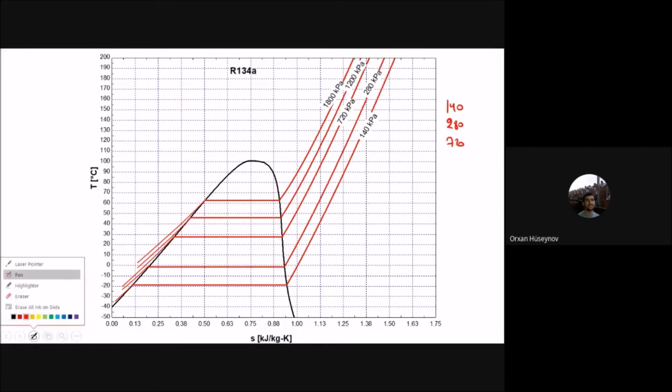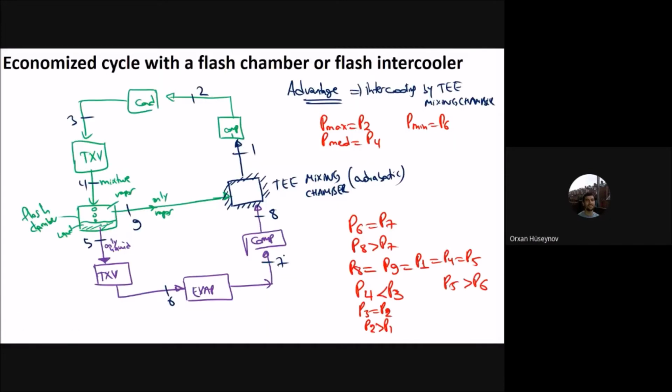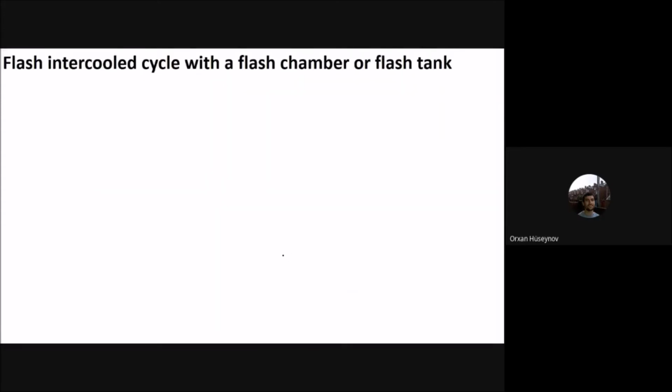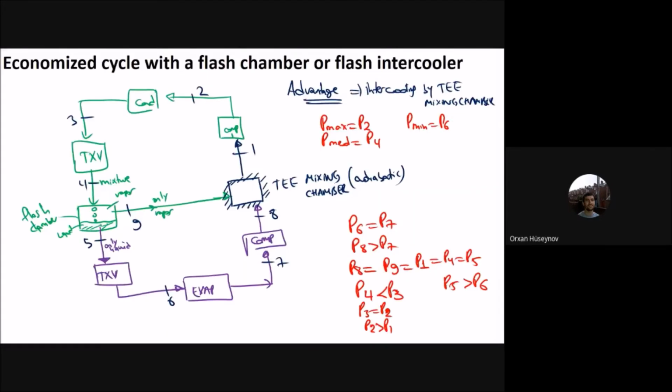Okay, let's do that. For the first compressor, goes from the 7 to 8, and the 7 is the minimum, and the 8 is the medium. This one is the medium, and this one is the minimum. I will have the 7 here, it goes to 8. Okay, and then this 8 is mixed with the 9 here.